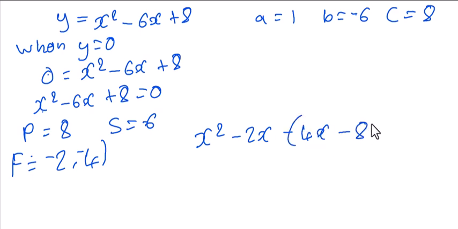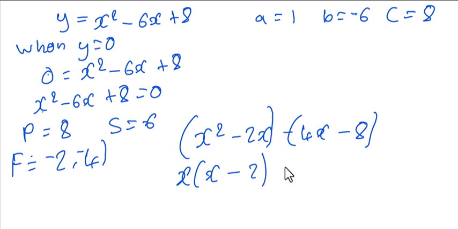On this side, x is common, and we remain with x minus 2. On this side, what is common is negative 4, and we remain with x minus 2.